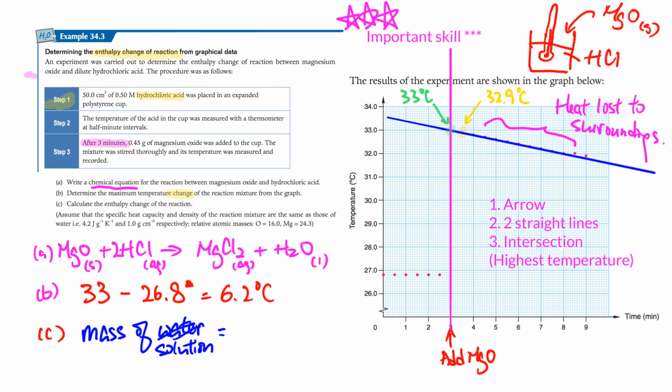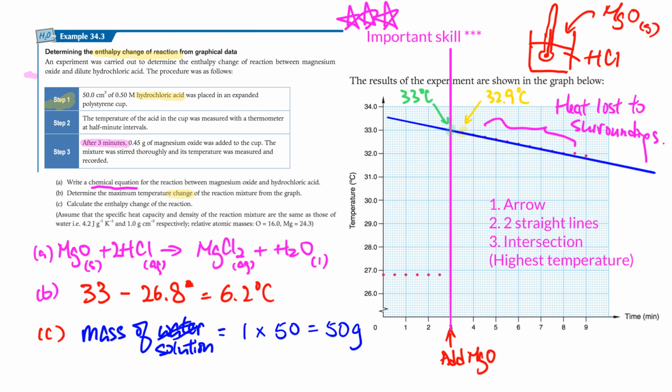We assume that the specific heat capacity and density of the reaction mixture are the same as those of water. So we use this density to help us. We have 1 times 50 cm cubed, so it will be roughly 50 gram. Some of you may say that if I add 0.45 gram magnesium oxide in it, then the total mass, should it be increased?